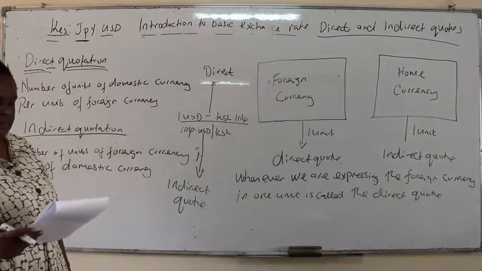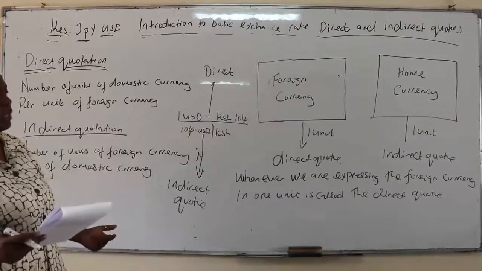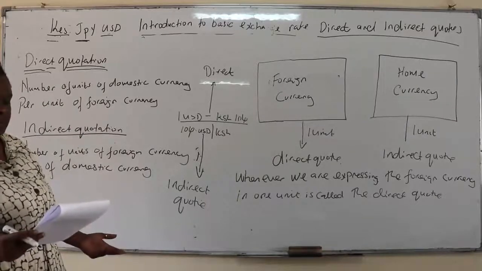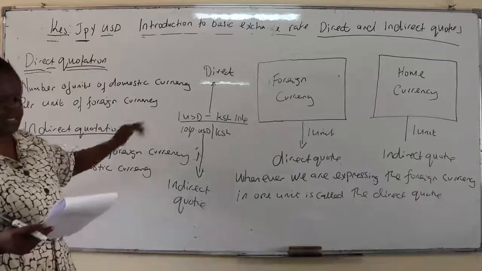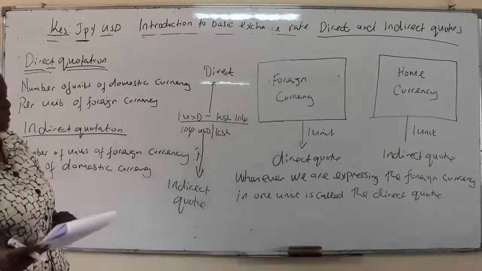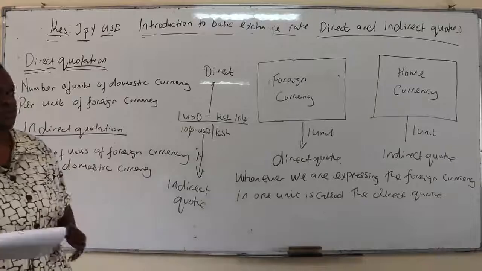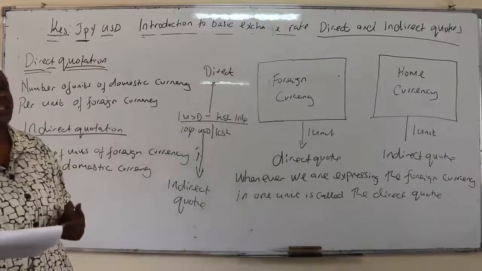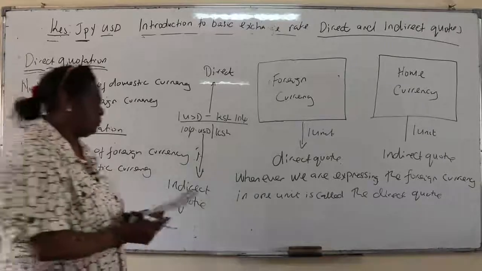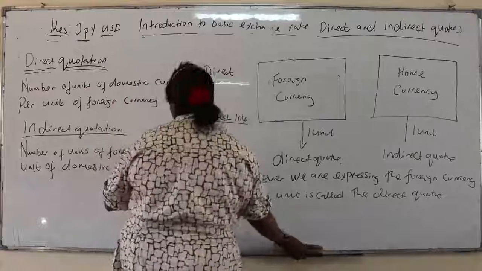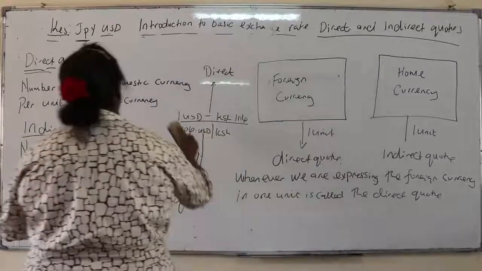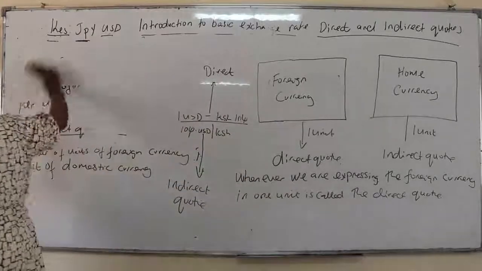But also we can get the direct quote from the indirect quote. Sometimes you can be given the indirect quote, and of course you're told to give the direct quote of a currency. So we're going to see how, it's just a small formula.